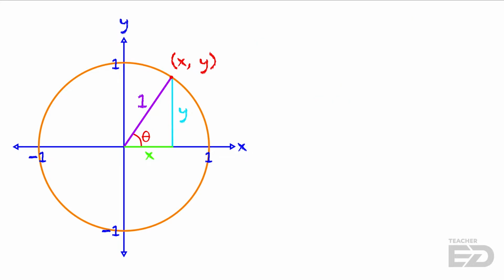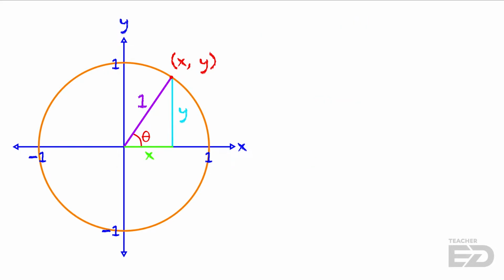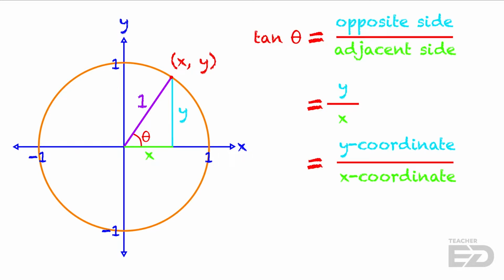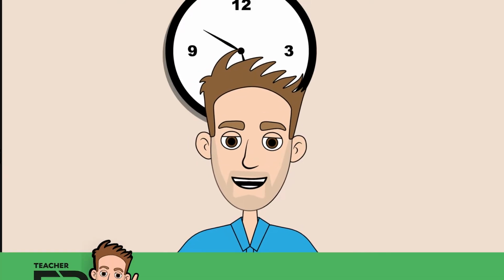The ratio of cosine is adjacent over the hypotenuse. So the cosine of theta is equal to the x-coordinate. And tangent is equal to the opposite side over the adjacent side, which means y over x, or sine over cosine.